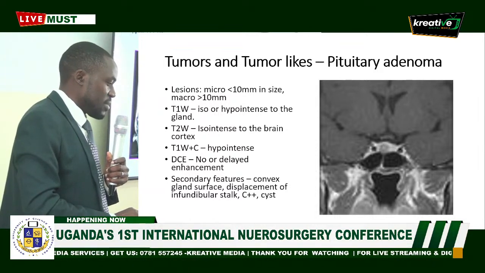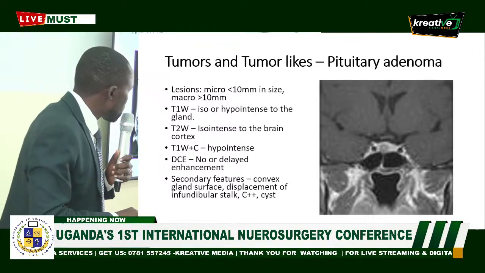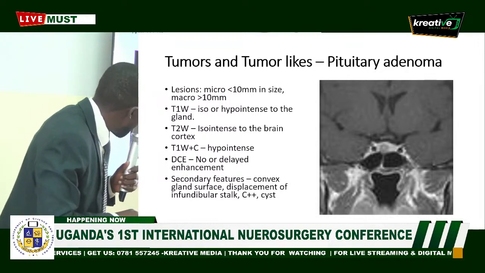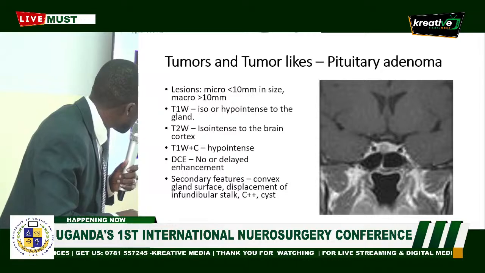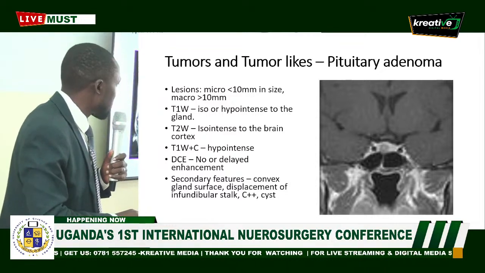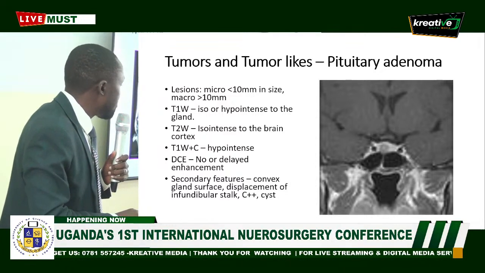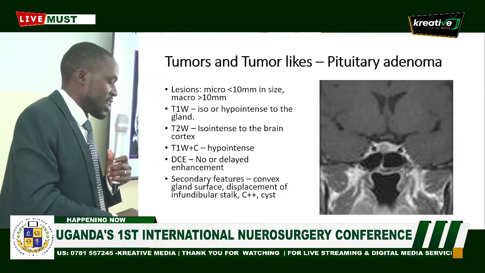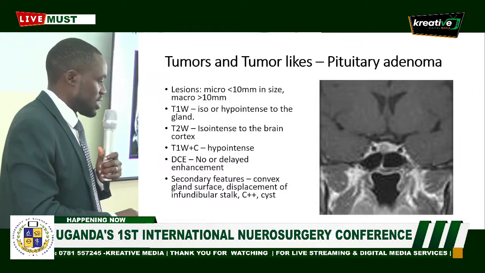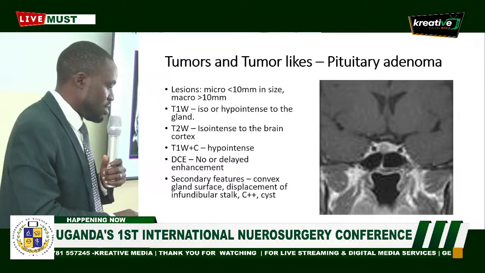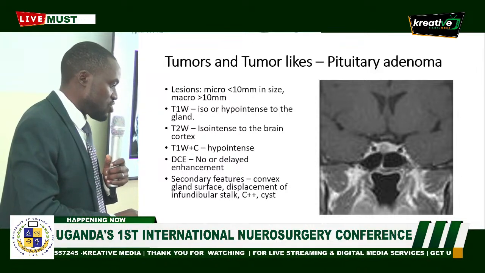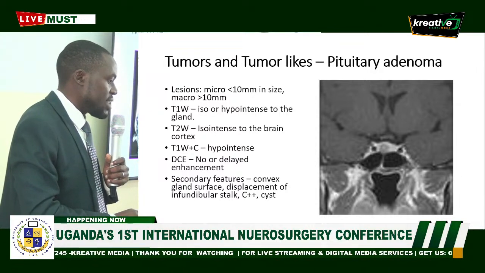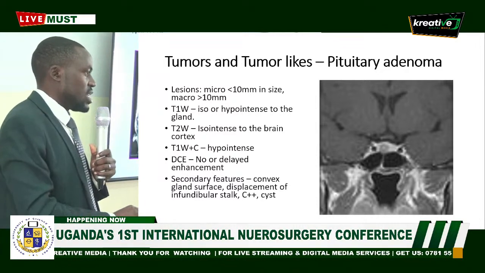If you look closely, you realize you've got something that has a lower signal compared to the rest of the gland. So it is hypointense in a number of cases, even before you administer contrast. Following contrast administration, you can see how it remains hypointense while the rest of the gland, which is normal, including the stalk, has enhanced well.